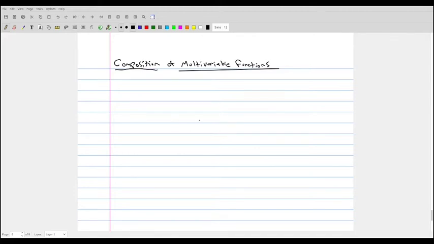So let's say, for instance, we have some function w equal to f of xy, but then you also have that x is equal to some function g of uv, and y is also equal to some function h of uv.